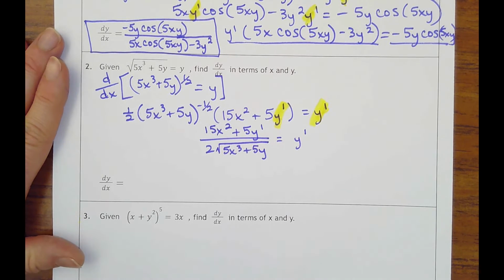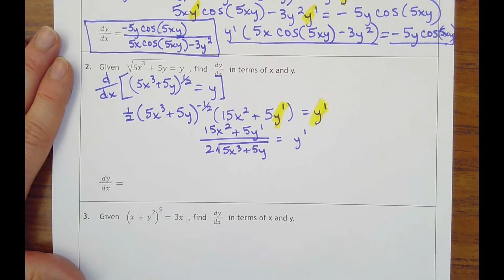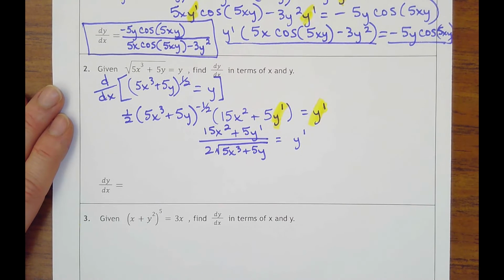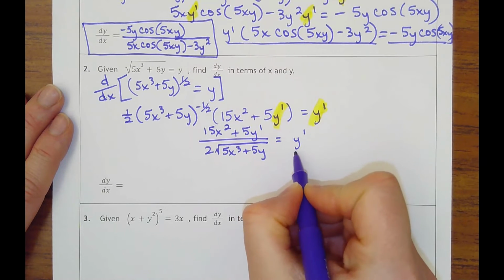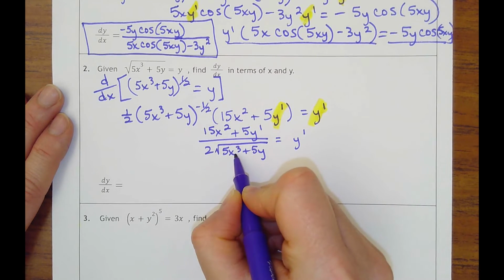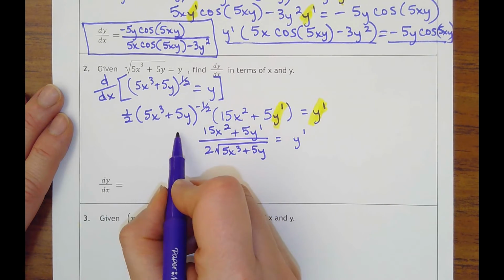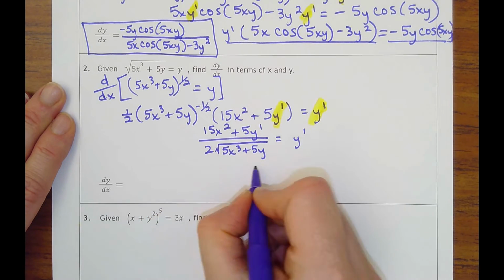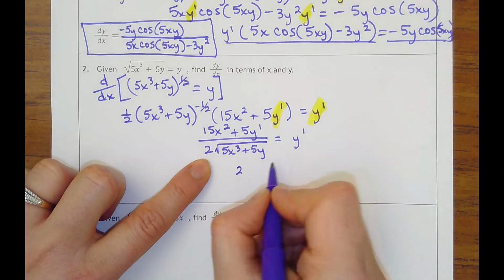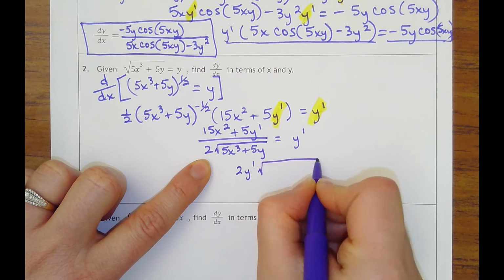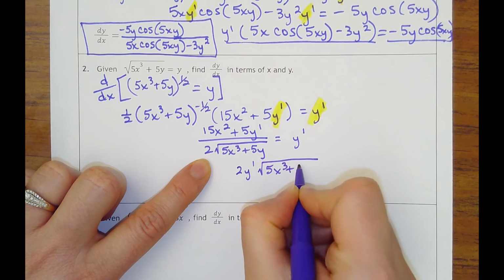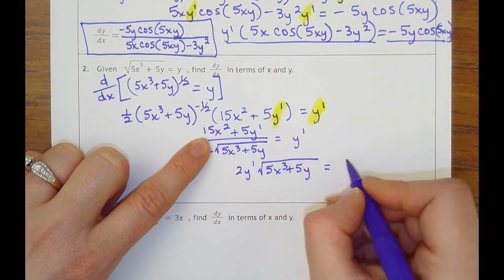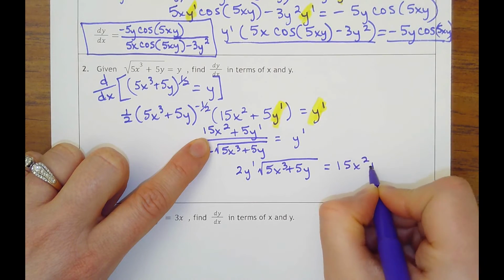Okay, and then now I'm going to cross multiply because this is over 1. I'm taking y prime times this, so I'll write 2 times y prime times the square root of 5x cubed plus 5y equals this numerator, 15x squared plus 5y prime.